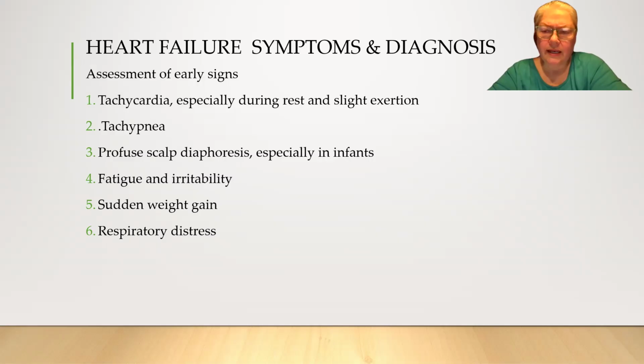A troponin is a test that measures the level of a protein called troponin, and that is released when the heart or a muscle is damaged. If there's elevation to that troponin level, that can indicate the person is having a myocardial infarction, a heart attack. But it doesn't mean a heart attack alone, so we want to make sure. Again, we have our BMPs, CMPs, complete blood counts, stress tests.